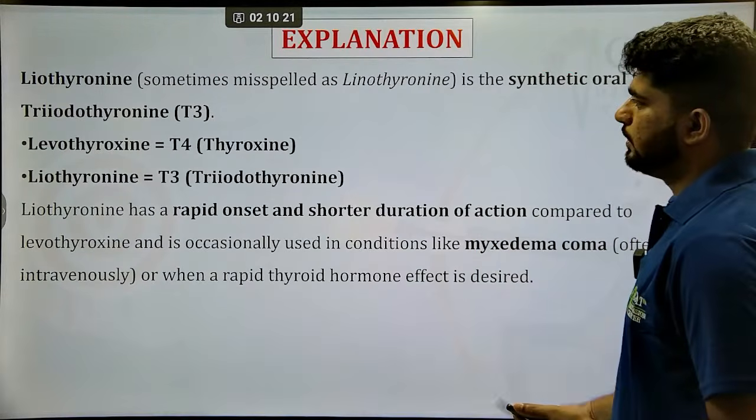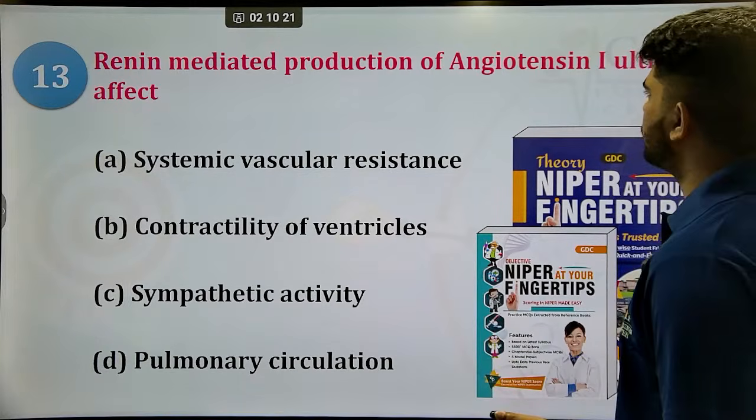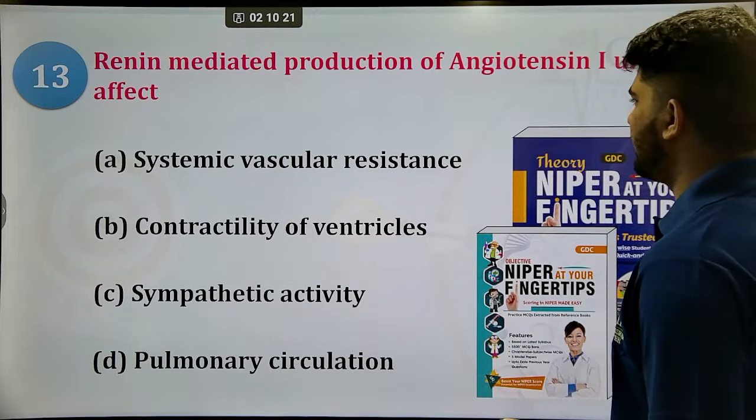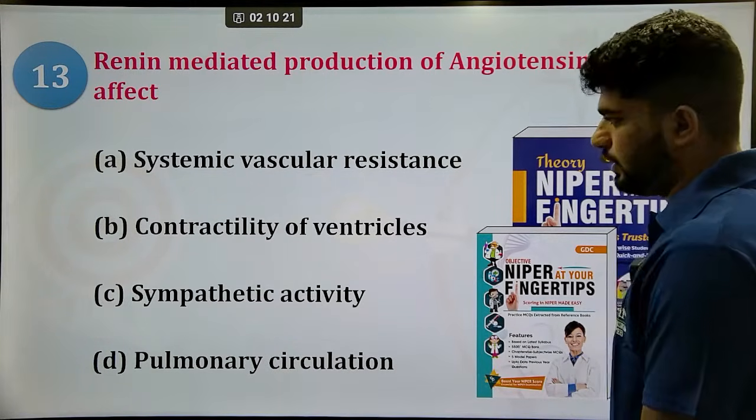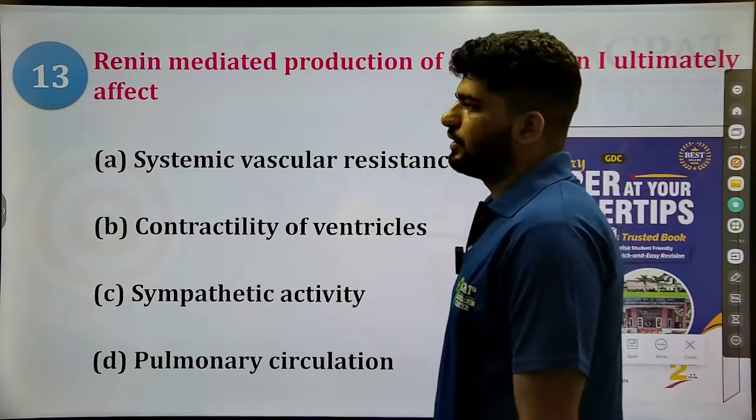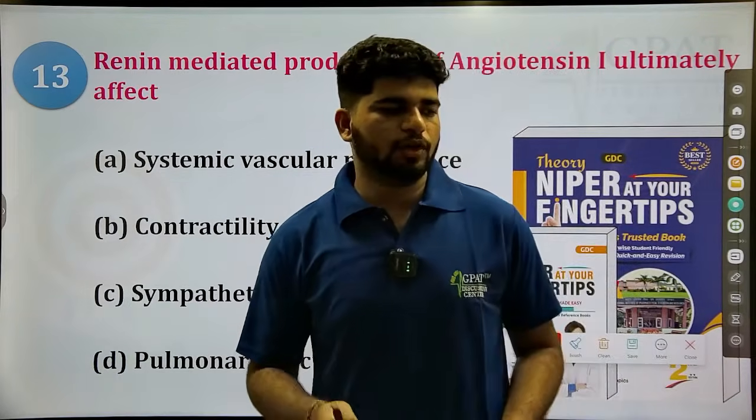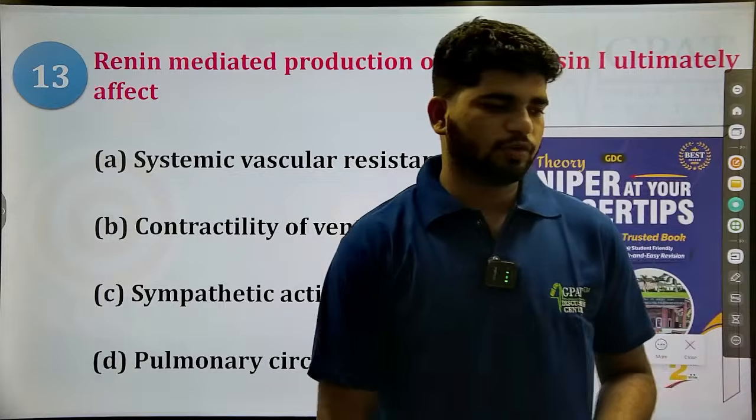Now, renin-mediated production of angiotensin 1 ultimately affects what? Once you feel like you're having low blood volume or low blood pressure, what's going to happen?